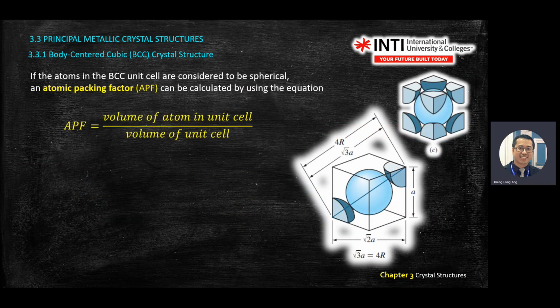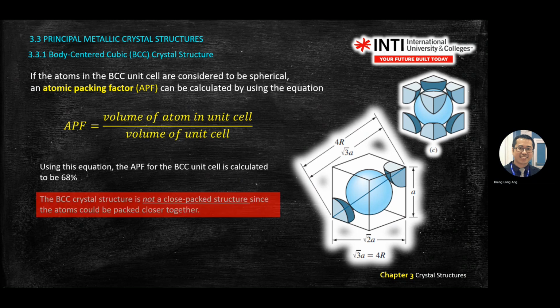Again, for BCC we chop half from the top. We chop like that. We calculated the APF, or atomic packing factor, for BCC is 0.68, fixed already.